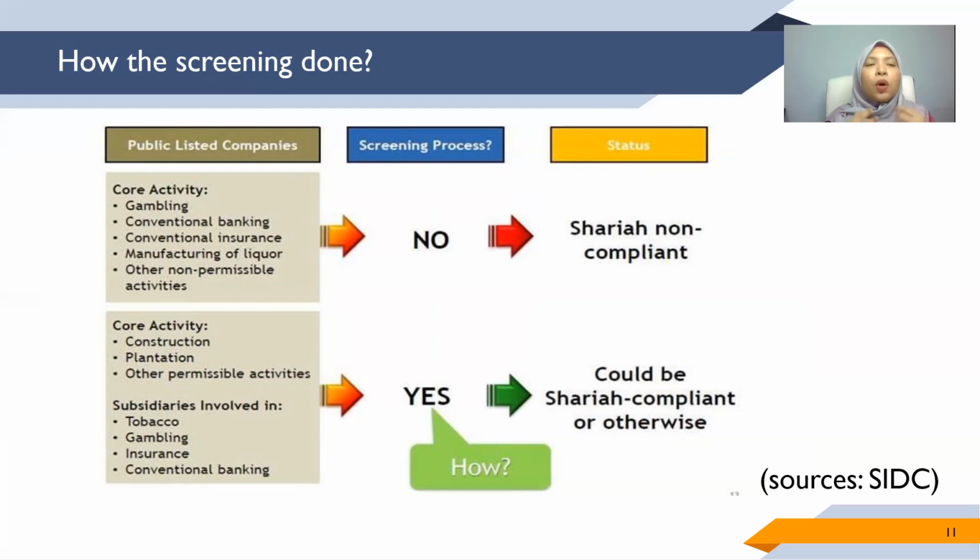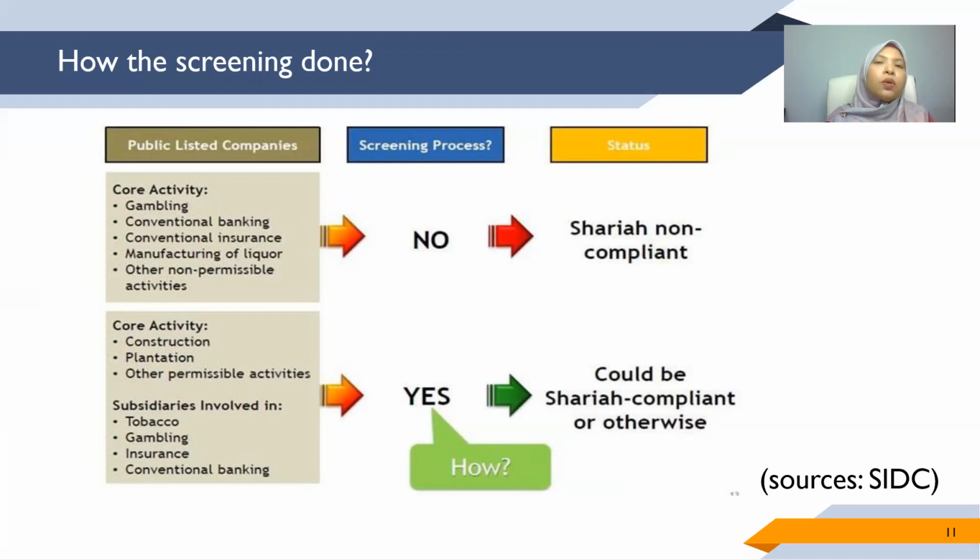For example, one company whose main activity is plantation, and at the same time they also have a subsidiary company producing tobacco, producing something that is not related to the Sharia. So they have mixed activities between permissible and non-permissible activities.